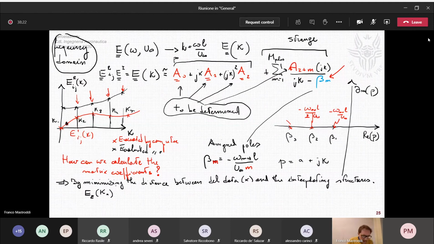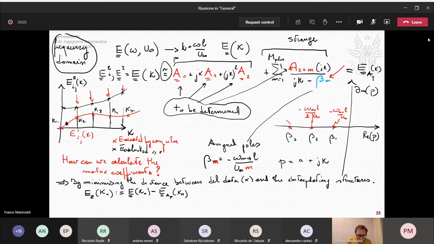The error matrix is equal to the exact value of this term, E(Kn), minus the value of the interpolating or approximated structure. The approximated structure is this value here, an approximator, which is a function of K.